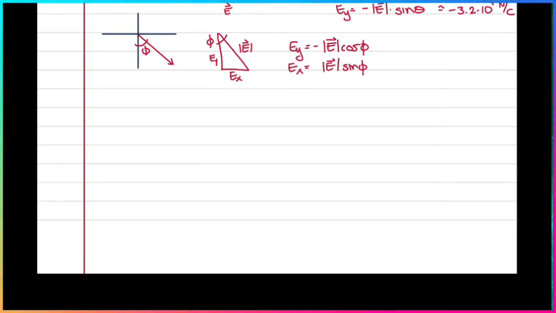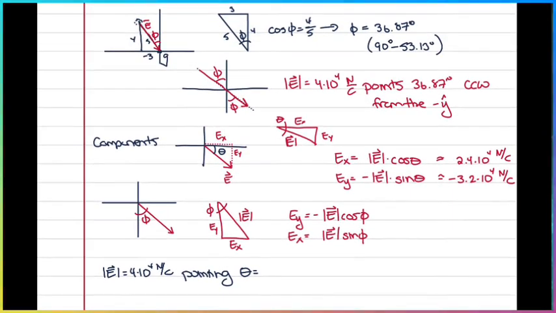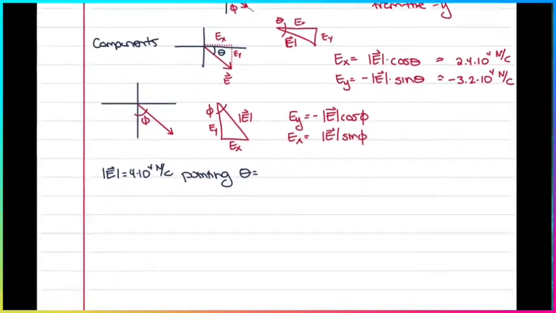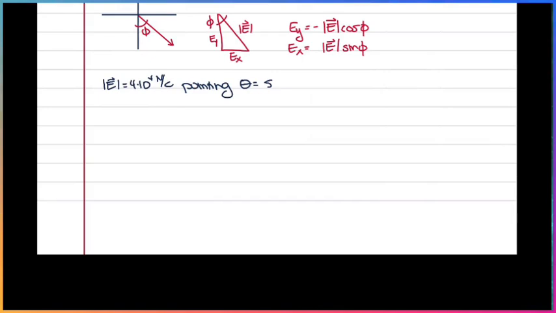So we can write that the magnitude of E is 4 times 10 to the 4 newtons per coulomb, pointing, what was theta again? 53.13 degrees clockwise from the positive x direction.